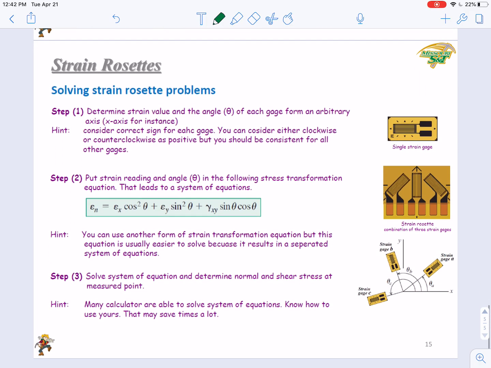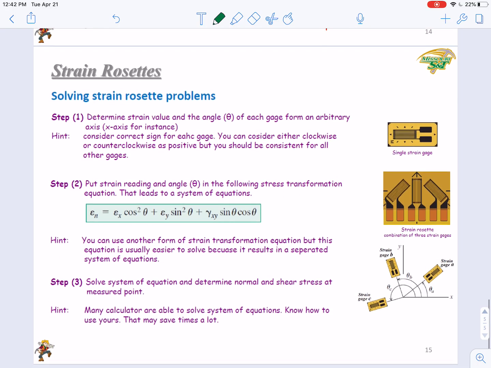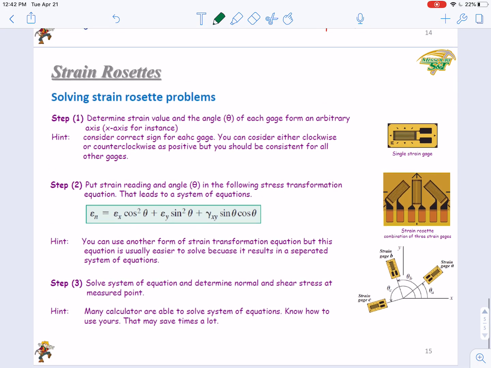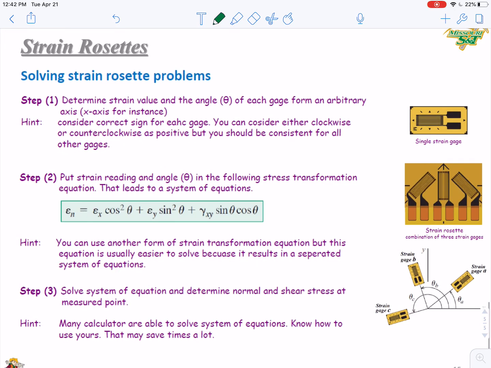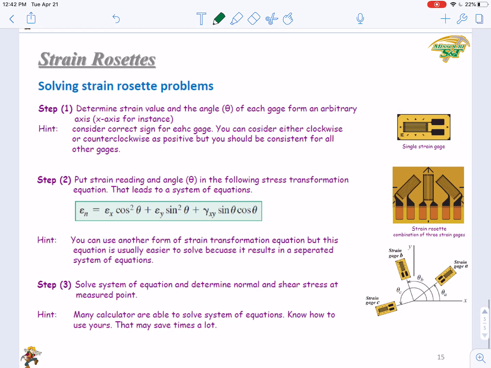After that, the last slide just summarizes the method of the strain rosette. Solving strain rosette problems has 3 steps. The first step, determine the strain values and the angle of each gauge from the arbitrary x-axis. Then in step 2, put the strain readings and angles in the following equation.